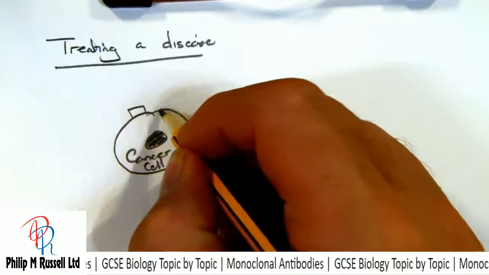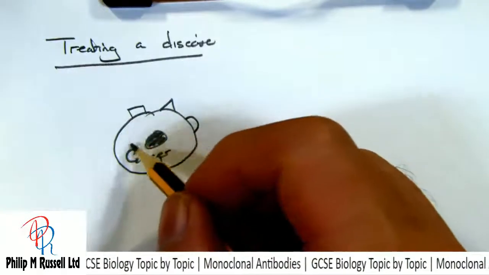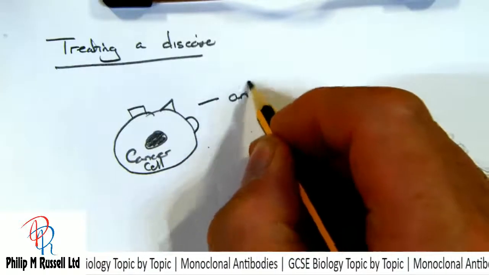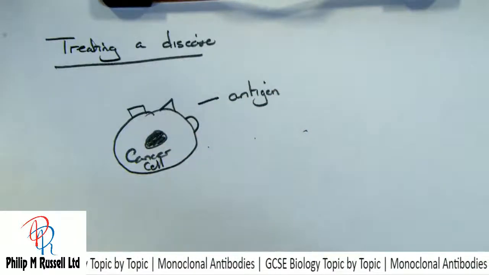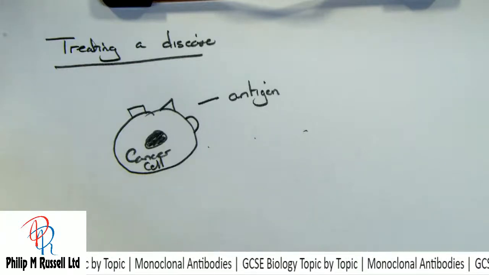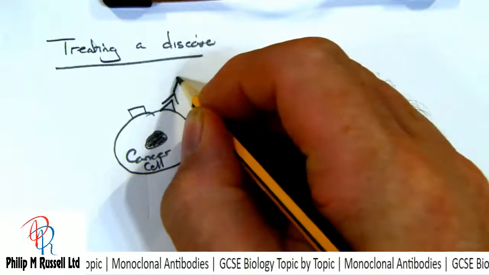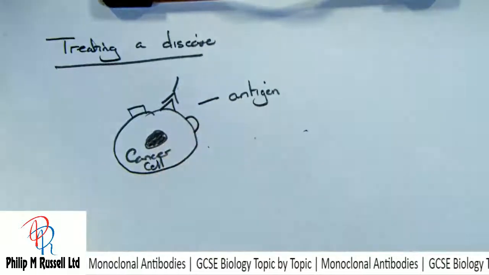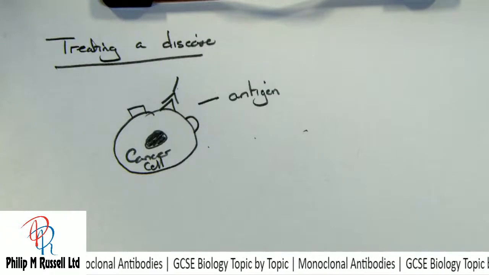On its surface, this cell will have a collection of markers, an antigen, and what we want to do is try and produce some sort of monoclonal antibody so that it will stick to this cancer cell and only this cancer cell.